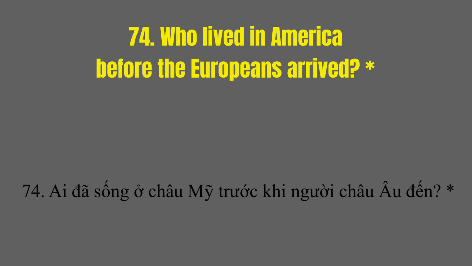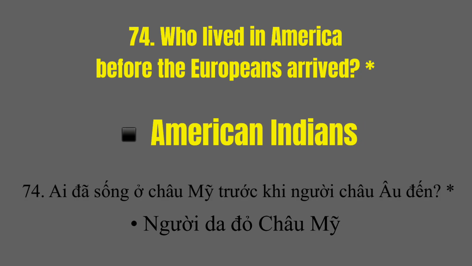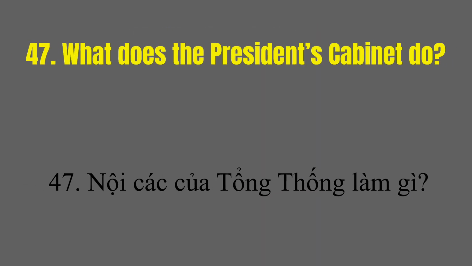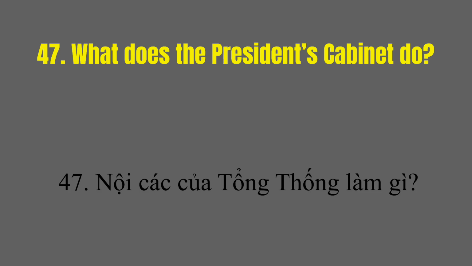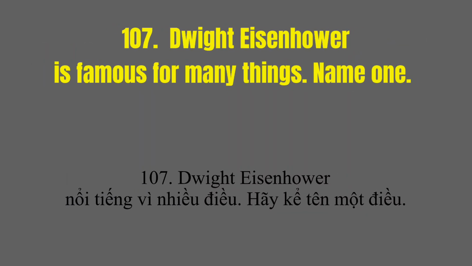Who lived in America before the Europeans arrived? American Indians. What does the President's Cabinet do? Advises the President. Dwight Eisenhower is famous for many things.